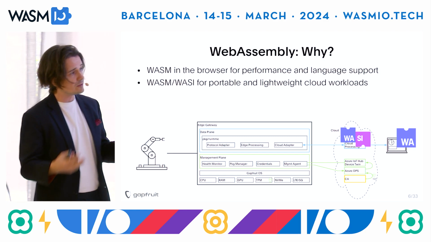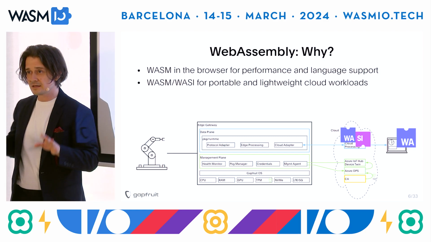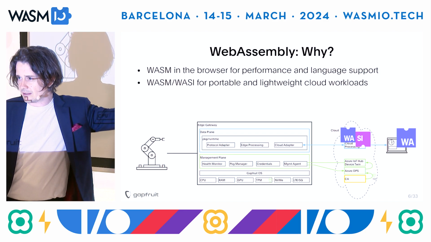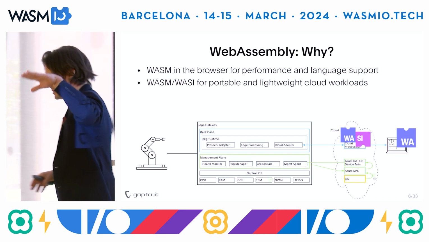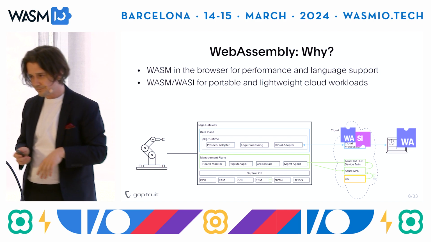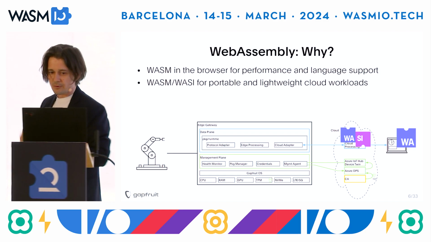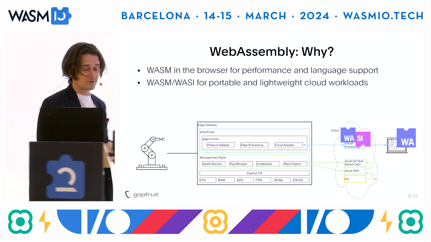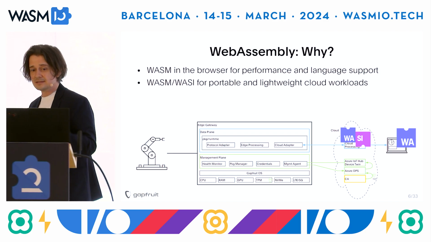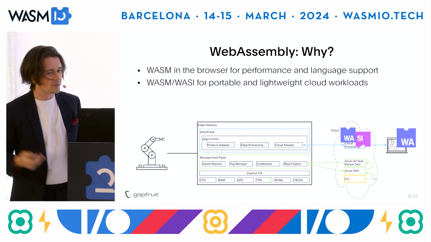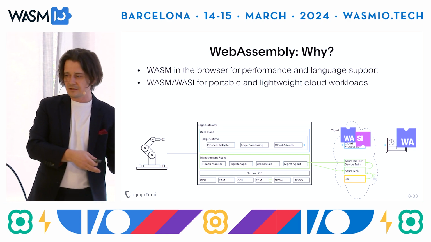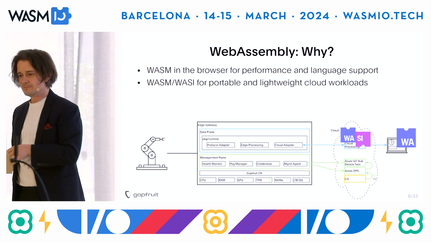This is where WASI comes into play. It follows a capability model where you have to explicitly grant access to resources of the underlying system. Now, with Docker announcing the support for WasmEdge, what we get is a way to develop and package software like we're used to, but not for containers, but for WebAssembly.